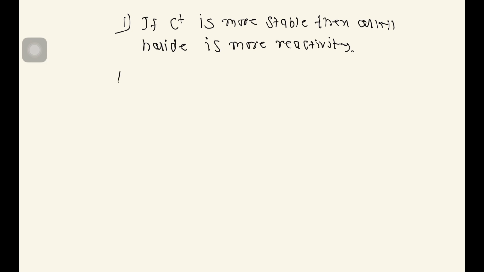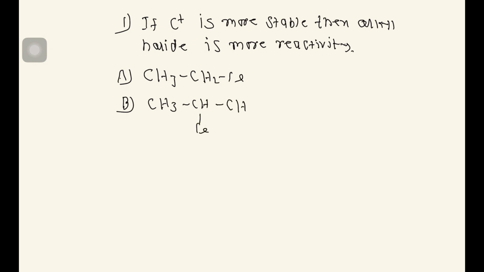Suppose here I am writing A, CH3CH2Cl, B writing CH3CHClCH3, and here C writing CH3CH(NO2)CHCl.